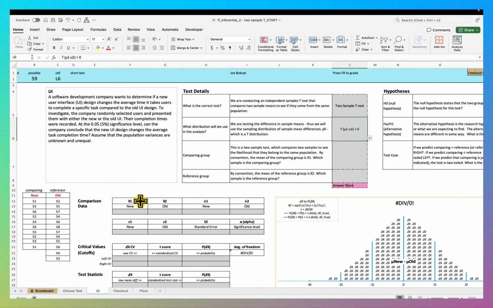And you can actually look here and see there's comparing, which is new, x bar 1, new. So new. And by convention, the mean of the reference group is x bar 2. Which sample is the reference group? Well, it's going to be old. So that's all that's left.